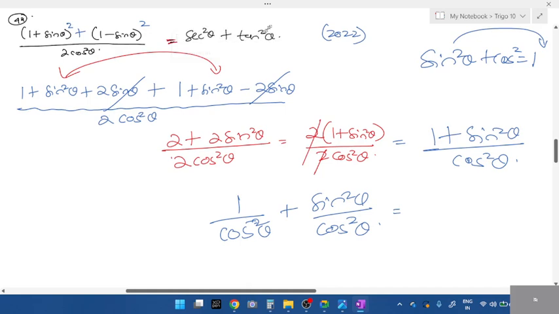For each and every step, try to figure out how to get sec square theta, tan square theta. In square relation, 1 plus sine square, you don't get cos. For 1 minus, you get cos. And only 4 ways are there: reciprocal relation, square relation, a square minus b square, a plus b the whole square. So we got the answer. So that is equal to sec square theta plus tan square theta.